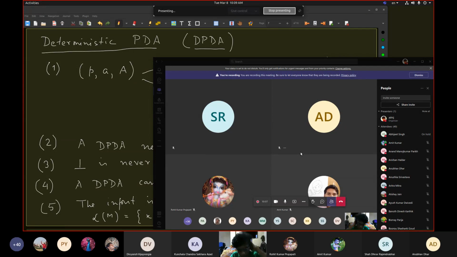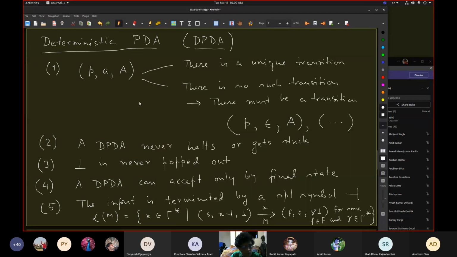Okay, so let us look at some issues pertaining to deterministic push-down automata. Just as a recap, let us note that a DPDA has a slightly different behavior than a PDA, which is non-deterministic by definition.